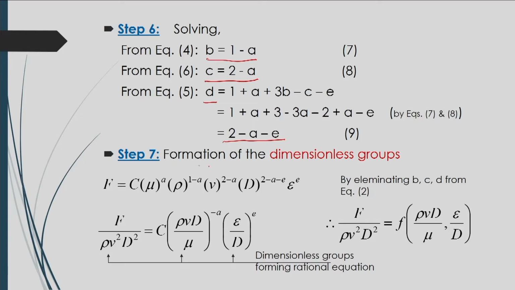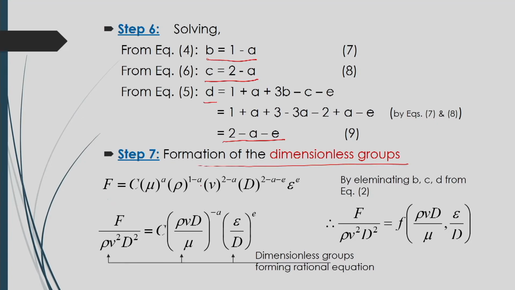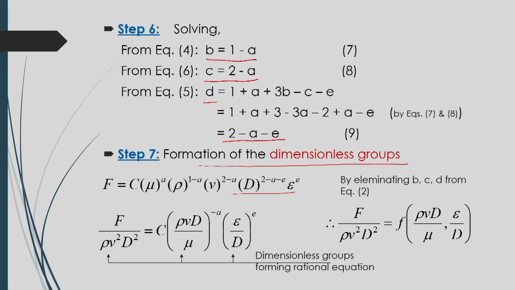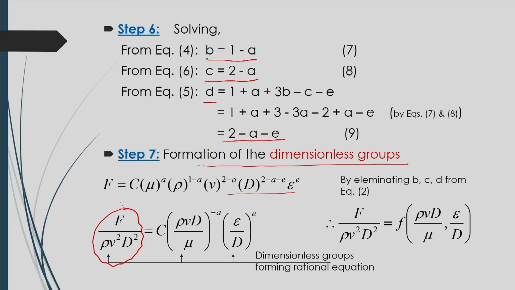Now, after that, for the formation of the dimensionless groups, if you substitute the values of B, C and D, all in terms of A and E, into the earlier equation number 2, and segregate those things, you can represent this one as the left hand side and this one as the right hand side.